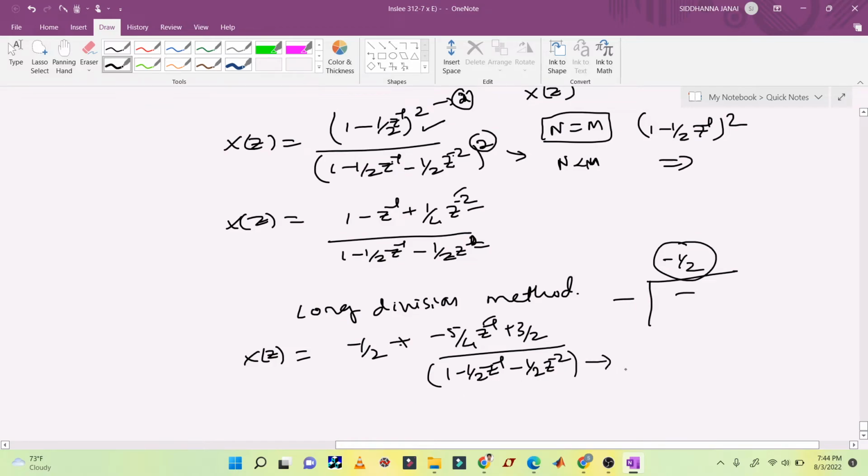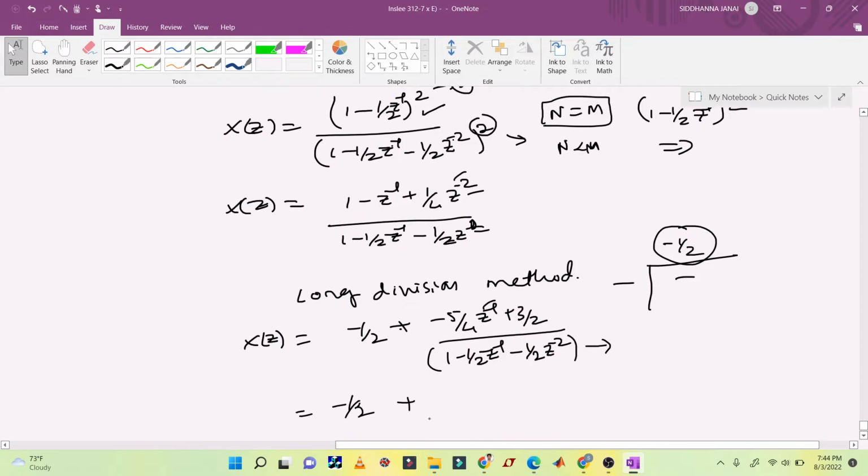So directly you can feed this into a calculator and find out the roots. Then this equation will get transformed into minus 5 by 4 z inverse plus 3 by 2 divided by 2 terms we will get.